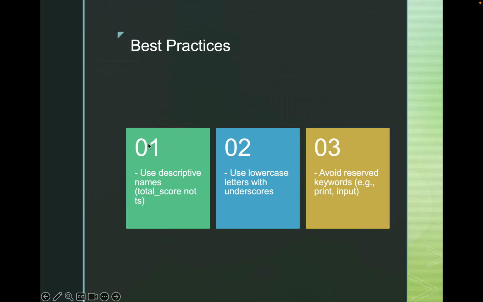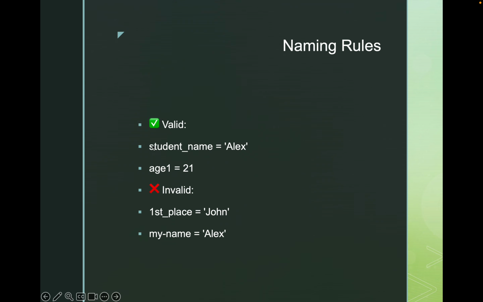It can contain letters, numbers, and underscores, but no spaces or special characters like hyphen, dollar sign, or hashtag. It cannot start with a number, and it cannot be a Python keyword like print or input, because those are already Python keywords, so we cannot use them. We can only start with a letter or underscore, and not use any special characters.